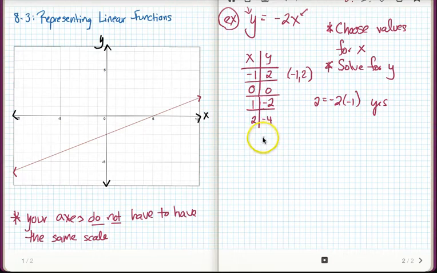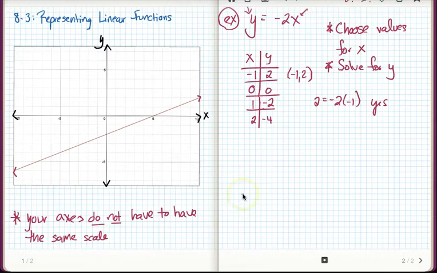The textbook typically asks for about 4 solutions. So here I have 4 solutions. Yours may be different from the person sitting next to you, because maybe they chose the numbers 3, 5, 7, and 9 to start with in the x column. It doesn't matter, because as you will soon see, when we graph all of our different ordered pairs, they will line up, because this is a linear equation.